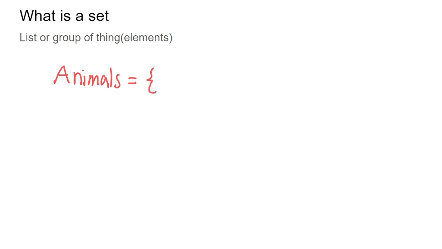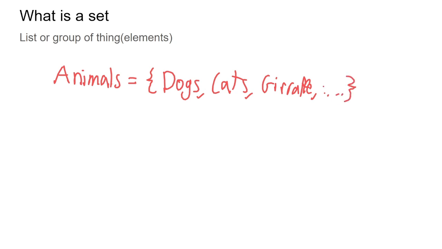Then you put the elements of the set, so let's say dogs, then cats, then giraffes, and then you would put an ellipsis to show it goes on. That means that the set of animals includes dogs, cats, giraffes, etc. Usually we would shorten the name of sets to just one letter, for example A.